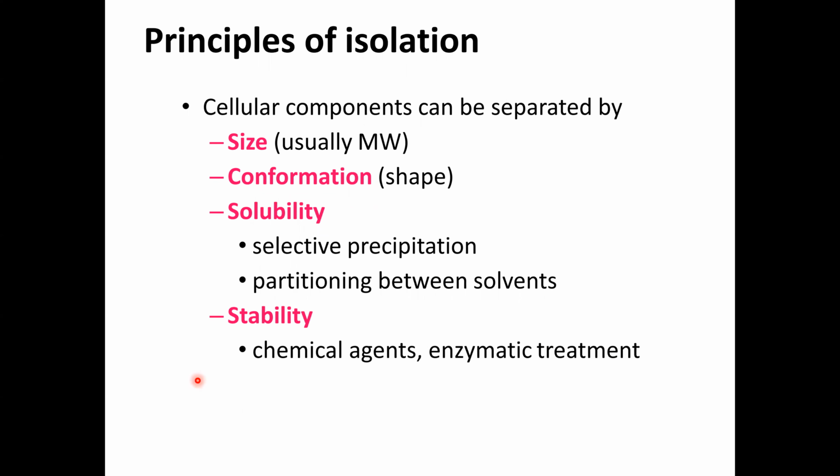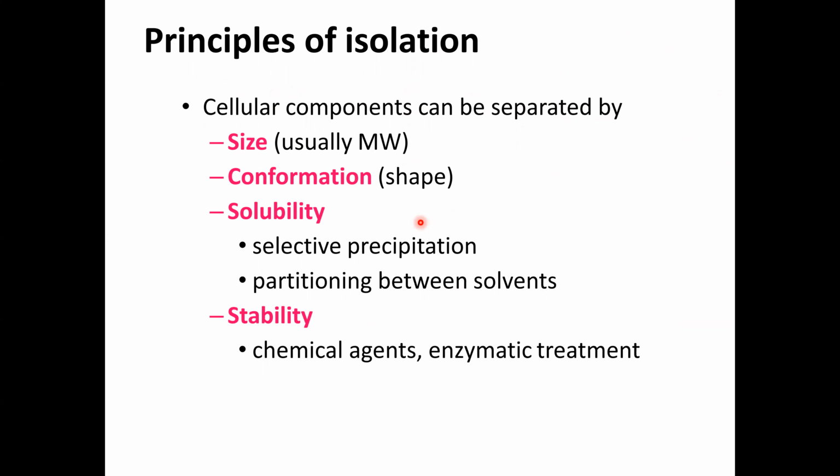The principles of isolation are basically the same as the principles of separation. Meaning you're going to isolate or separate one factor from the other factors. So this also applies in the isolation of DNA or nucleic acid. The cellular components should be separated based on size, usually measured in molecular weight.